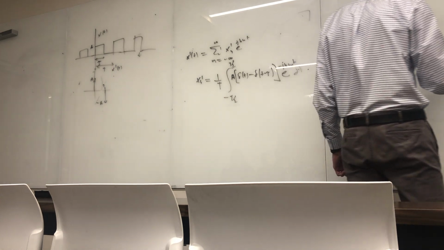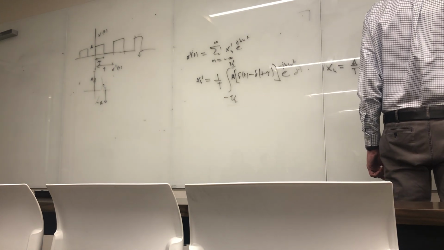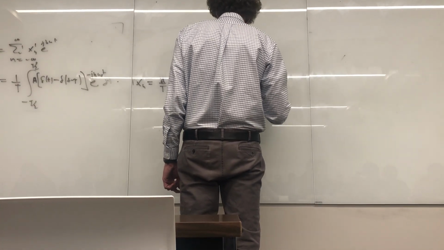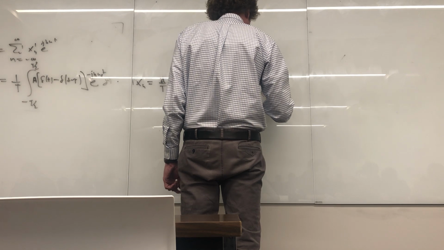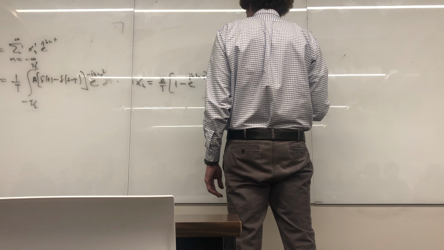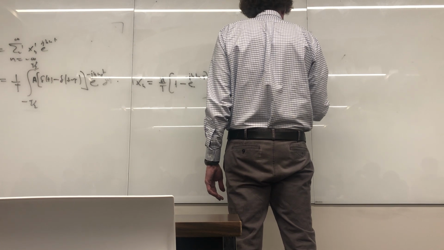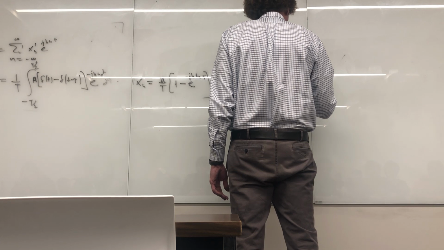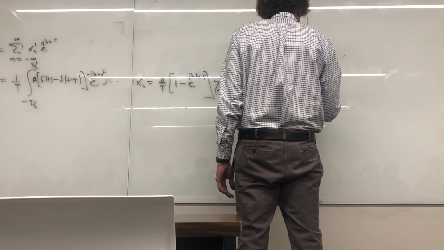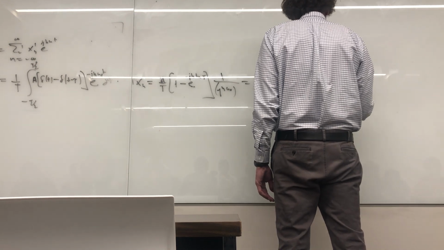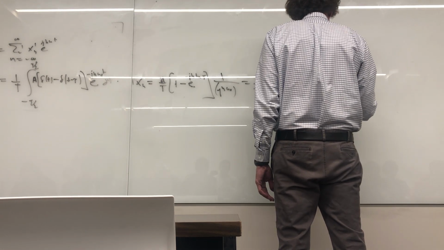So now I'm going to go ahead and do that. And I have this as A times e to the minus j n omega naught tau over 2, divided by T times j n omega naught. And I just put that out in front. And now what's left is e to the plus j n omega naught tau over 2 minus e to the minus j n omega naught tau over 2.